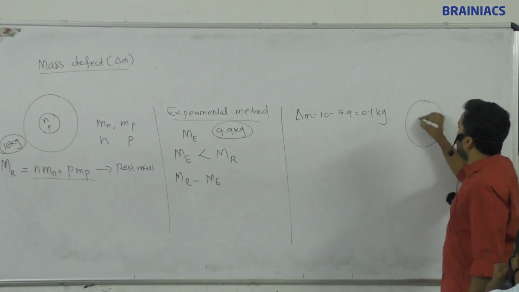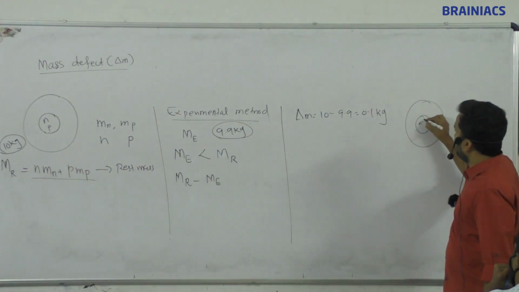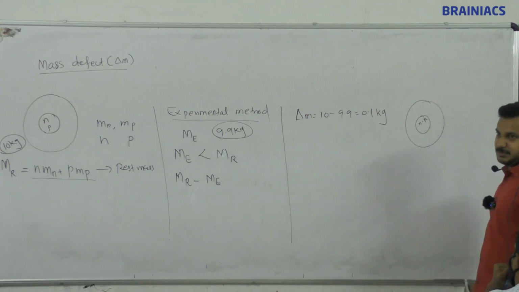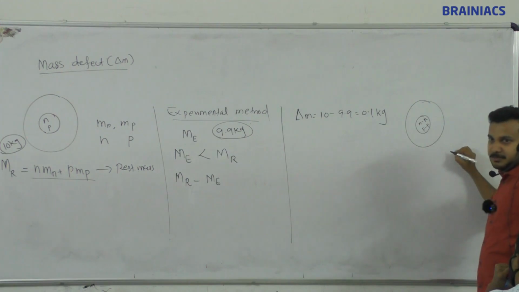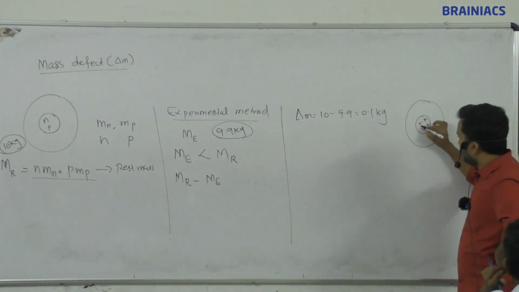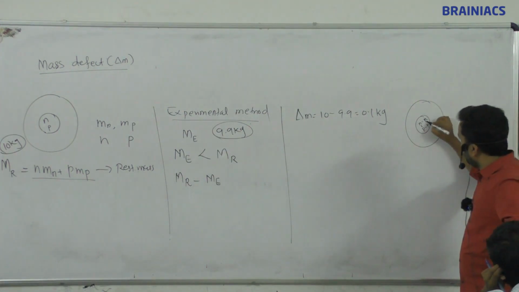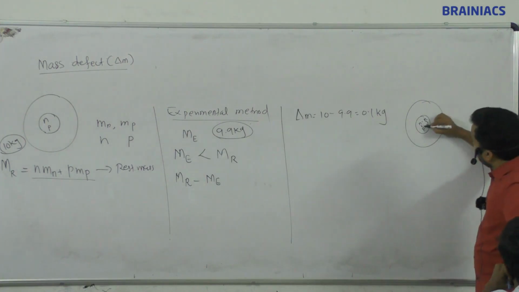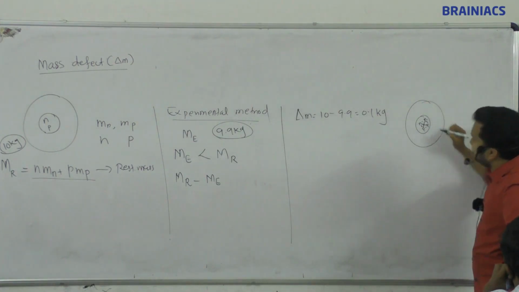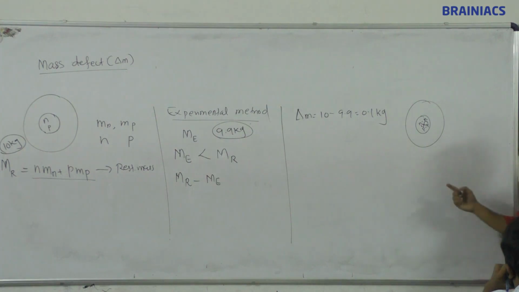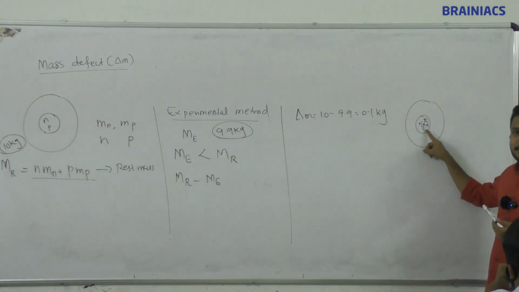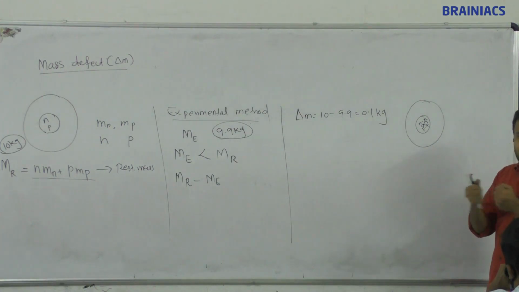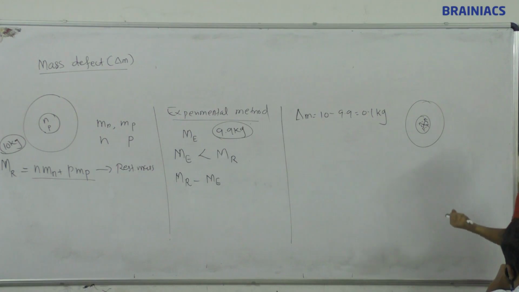Within the nucleus you have neutron to neutron attraction or repulsion, and proton to proton repulsion because of the same charge. Neutron to proton, this neutron to this proton, there are attractive or repulsive forces. Same charge means repulsive force, right? So P to P repulsive force, N to N repulsive force, N to P also repulsive force.